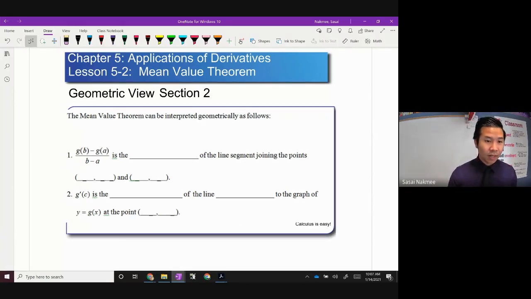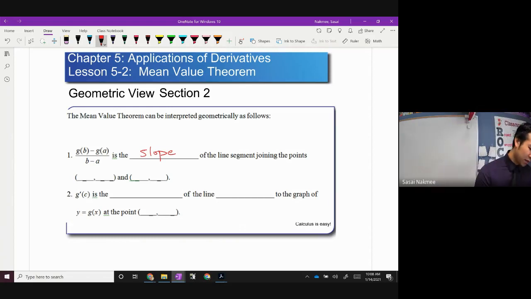There it is. Okay. The mean value theorem can be interpreted geometrically as follows. g of b minus g of a over b minus a is the slope of the line segment joining the points a, comma, g of a and b, comma, g of b.